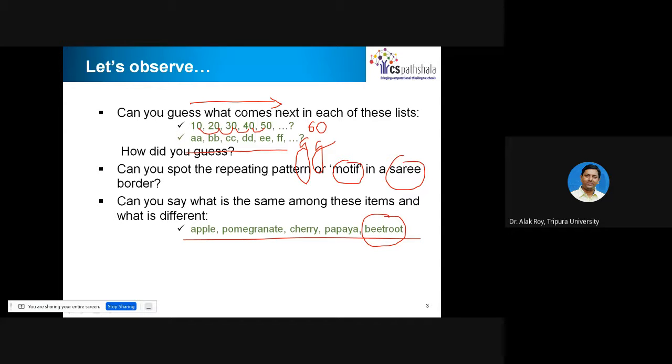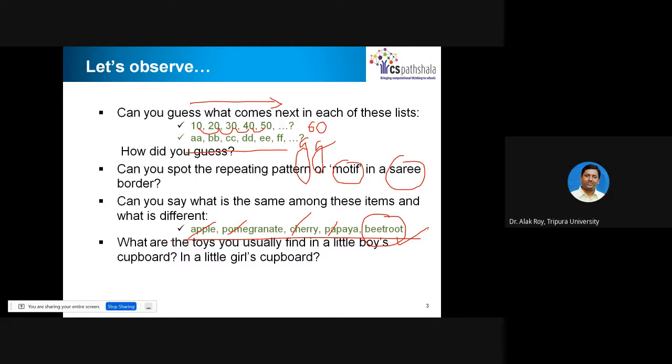We can easily recognize because these all are fruits, but beetroot is a vegetable. So there can be different questions, like what toys do you usually find in a boy's cupboard or in a girl's cupboard. Maybe in a boy's cupboard you will find vehicles, cars. Maybe in a girl's cupboard you can find a teddy bear, etc. So there is a pattern.